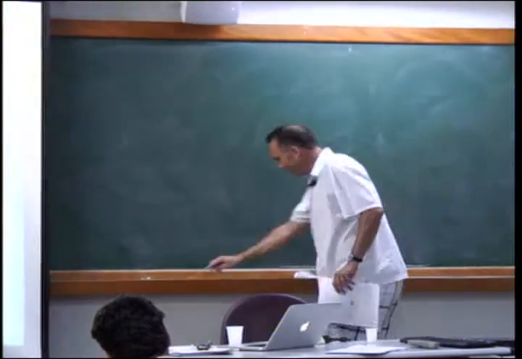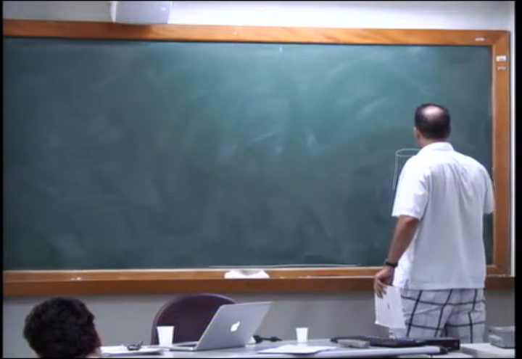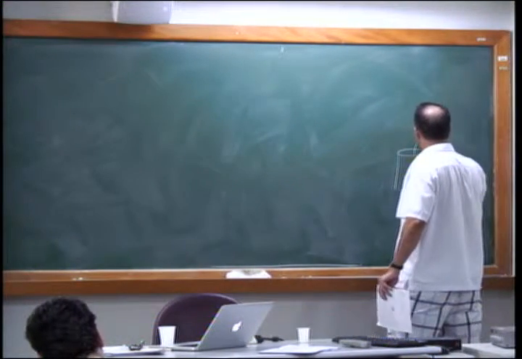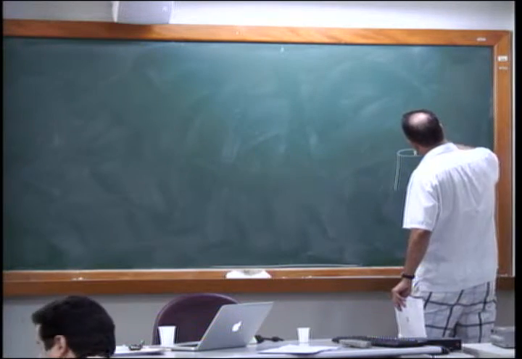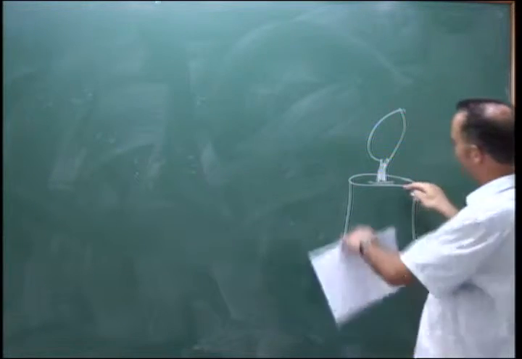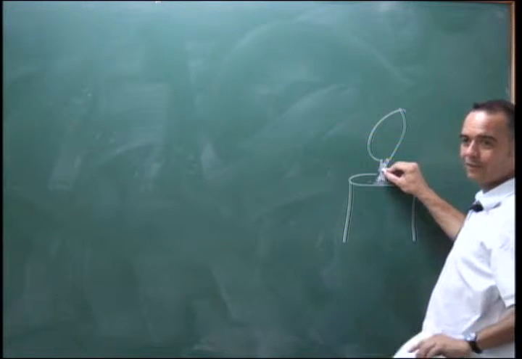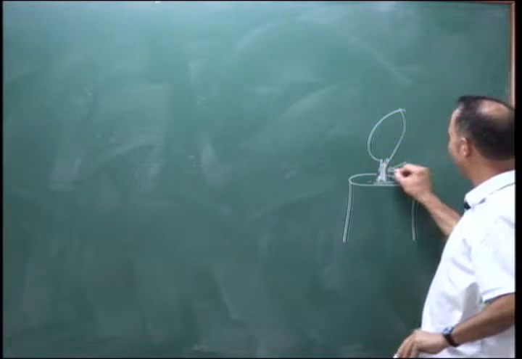So this is a candle, that's the wick. And you basically have a flame which is burning off, so you have melted wax here. And as you burn off the wax, more wax wicks up into it. Okay? So that's the wick.